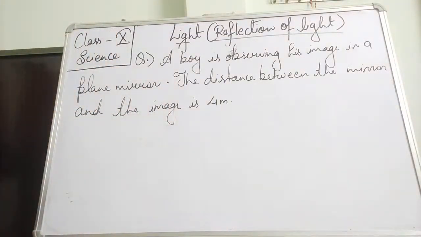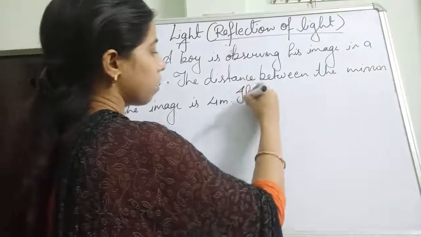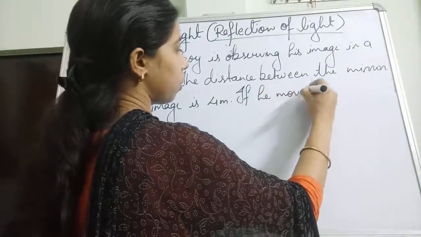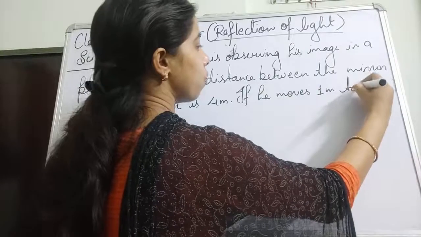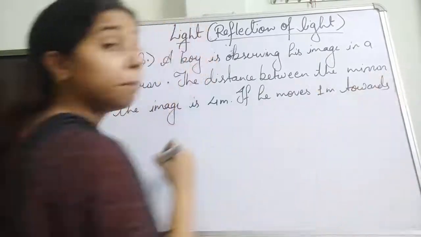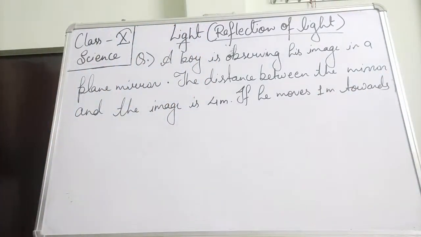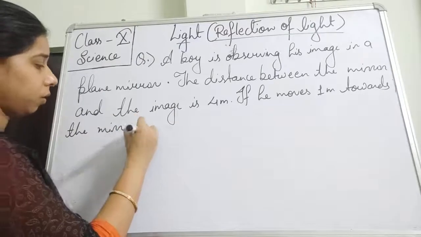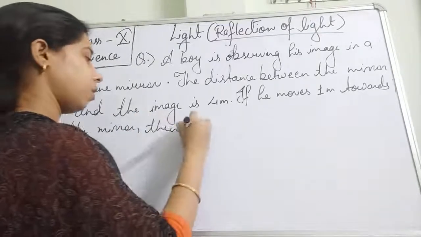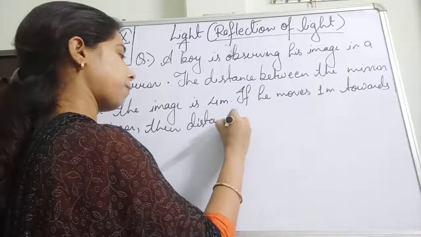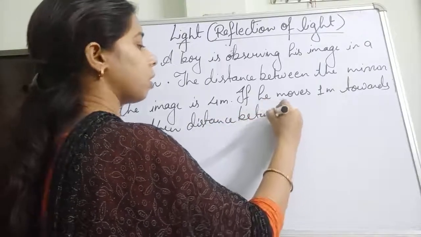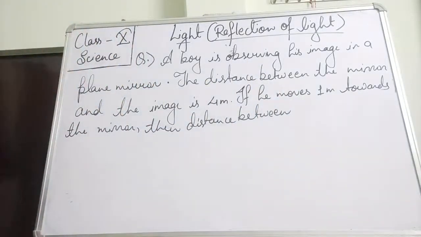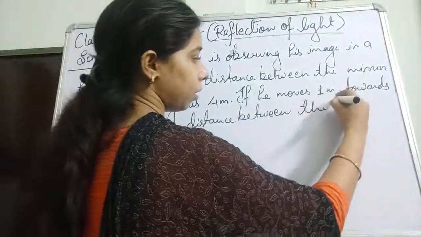Now, if he moves 1 meter towards the mirror, then the distance between the boy and the image will be?